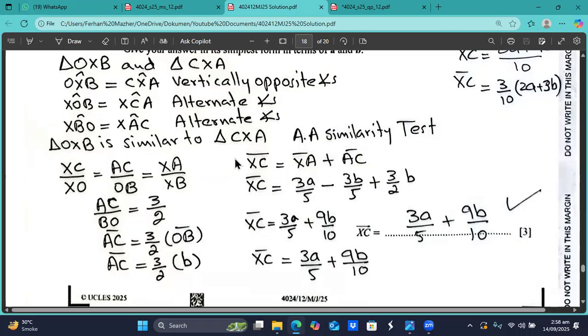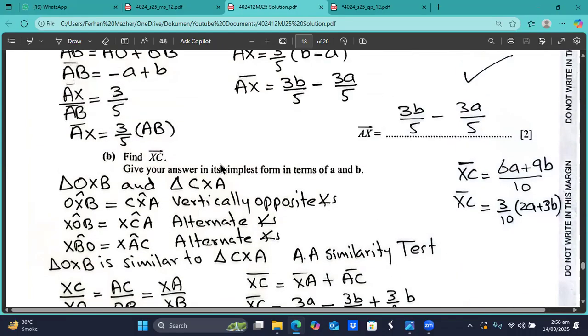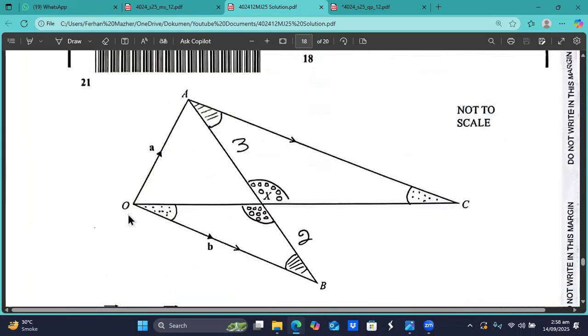So because the triangles are similar, the ratio between the sides, the lengths of the sides, these are not vectors, these are the lengths of the sides. So the XC side and the XO side, this side and this side, the ratio of this side will be equal to the ratio of this side to this side, okay?